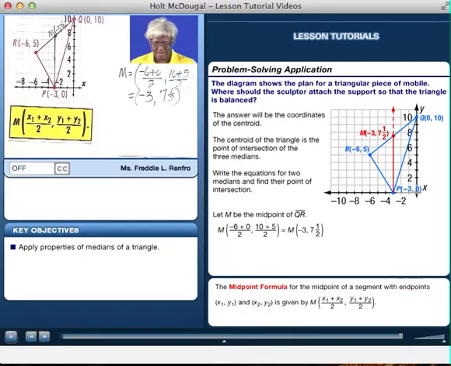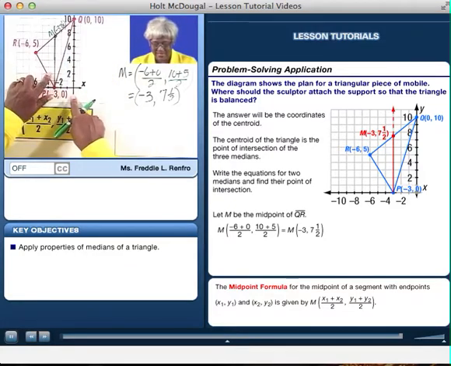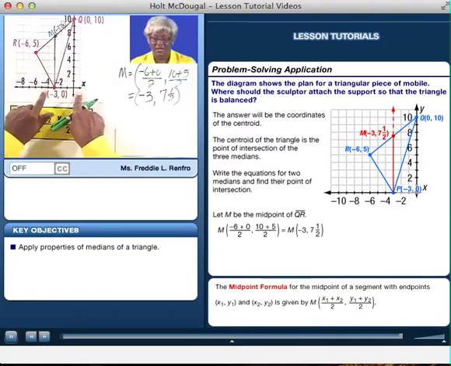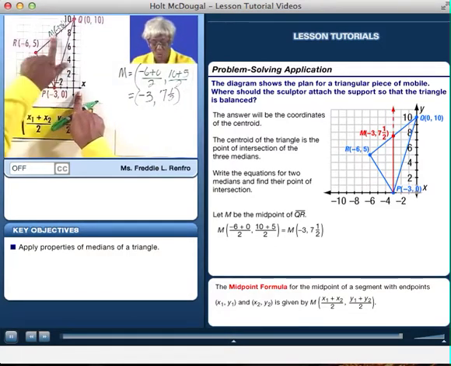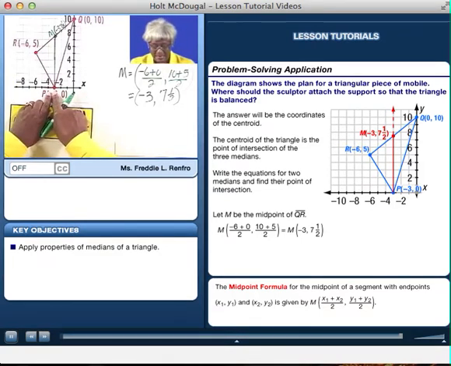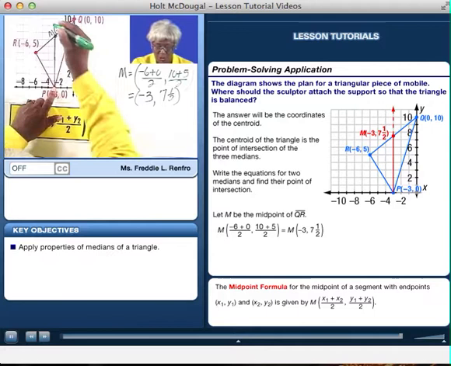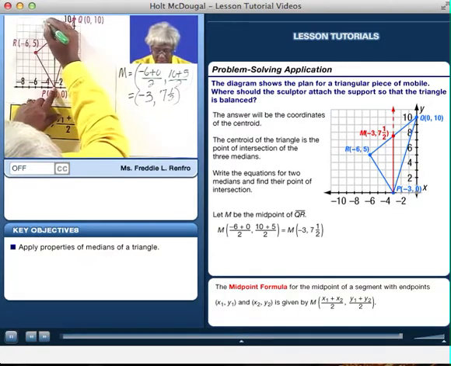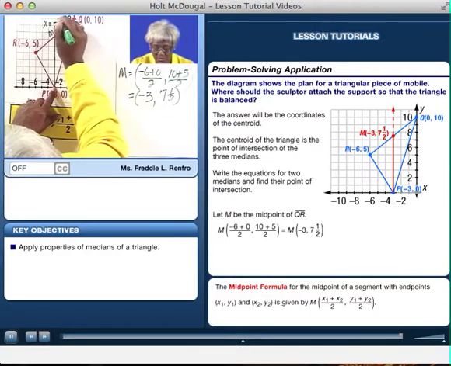Okay. I also noticed something else. Look at that median. It is parallel to the y-axis. I know the equation of that line. If it's parallel to the y-axis, what's true all along this line? X is -3. So the equation for this line is x equals -3.